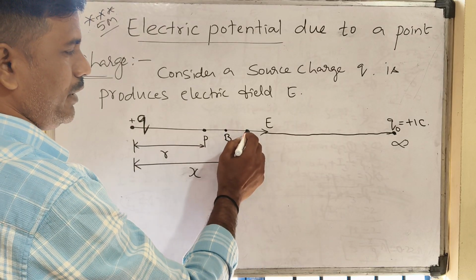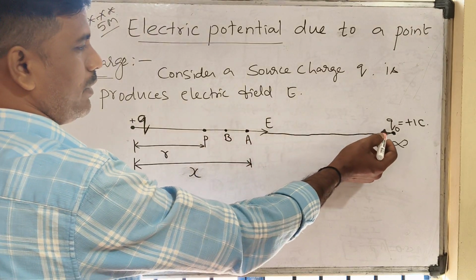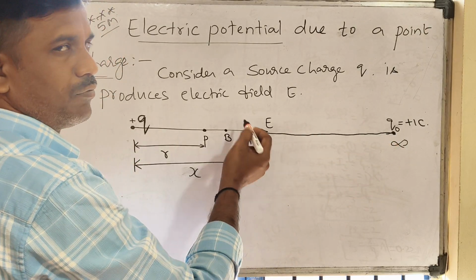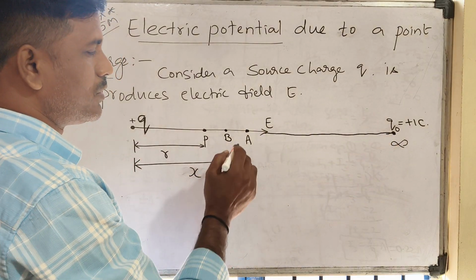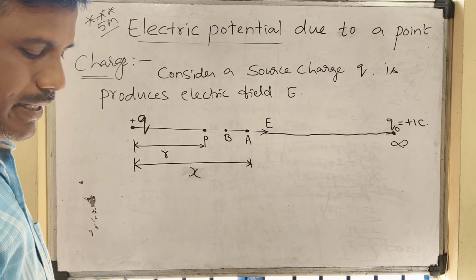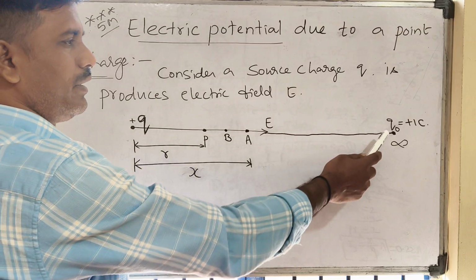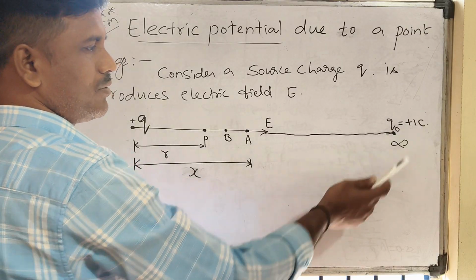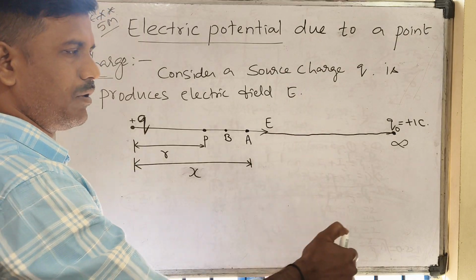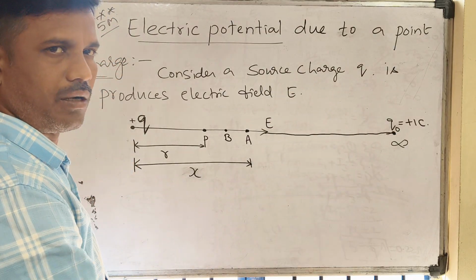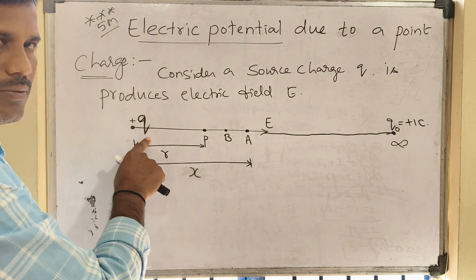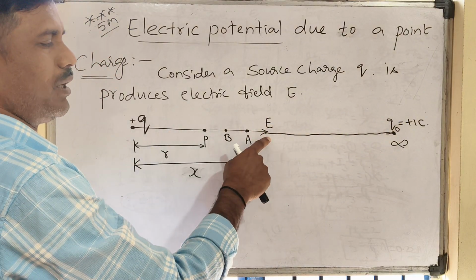But at point A an electric field is there. When we bring the test charge from infinity to point A, work done will start. The test charge is very small, but even a small charge has a small electric field. The source charge has greater magnitude, so more electric field.